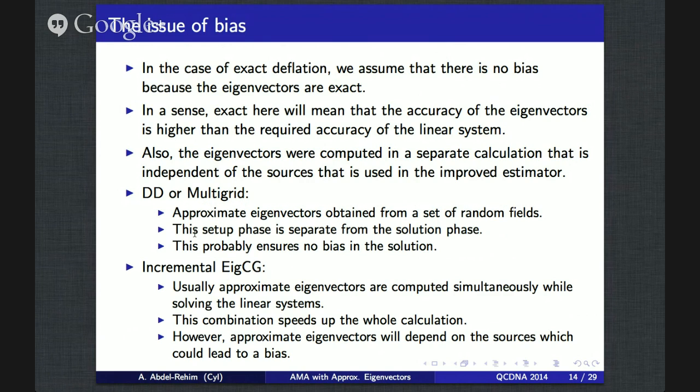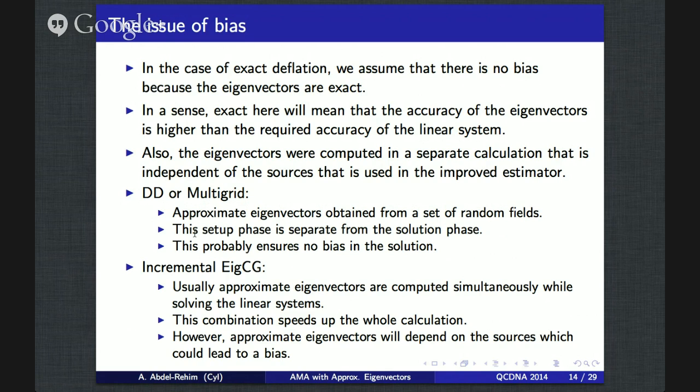And again, these eigenvectors were computed in a separate calculation, independent of your source solve. This separate calculation gives you some confidence that there is no bias, because the calculation of the eigenmodes is not related to the solutions.